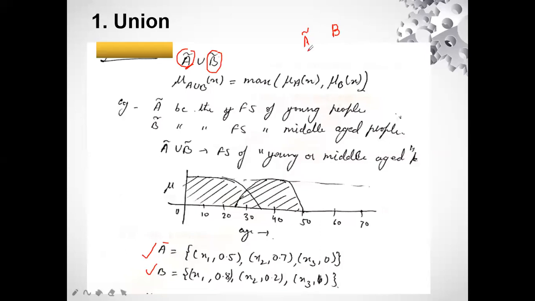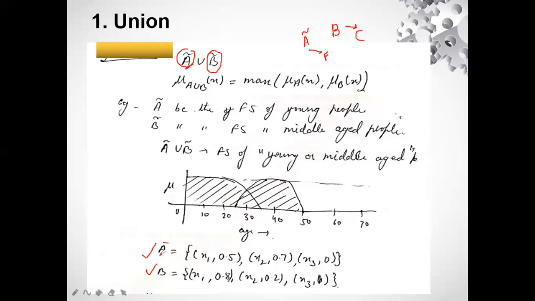So this is a fuzzy set, while this B is a crisp set. I hope it is clear how to denote a fuzzy set and a crisp set.